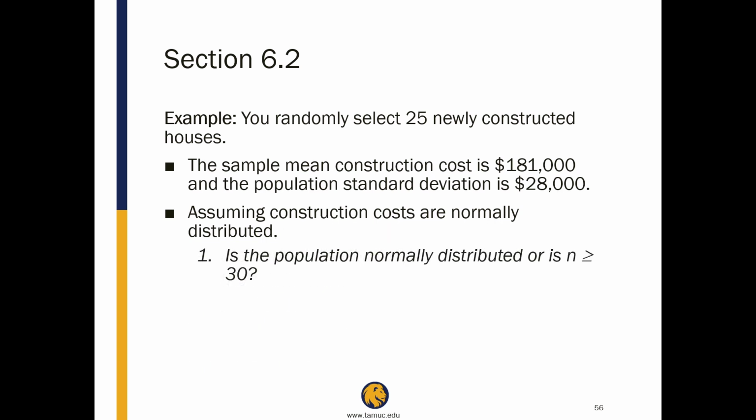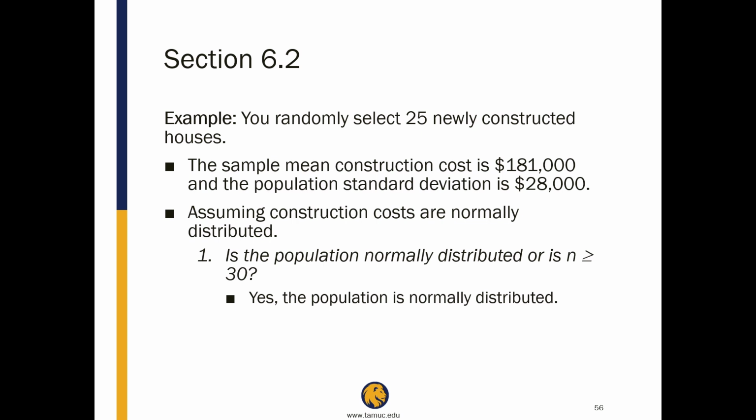Well, first off, first criteria, is the population normally distributed or is n greater than or equal to 30? Well, we see that our sample size is not greater than 30. Our sample size is only 25, but it does mention explicitly to assume that the construction costs are normally distributed. So that means our population is assumed to be normally distributed here.